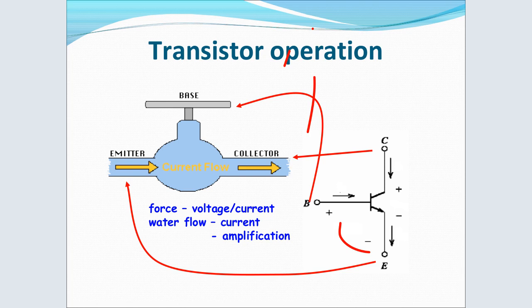Remember, these are NPN, just the same way the connection was done before. So here also, we're going to have a depletion layer, okay? And here also, we're going to have a depletion layer, okay? That particular point there.